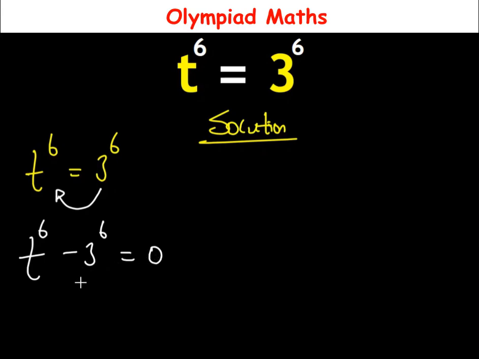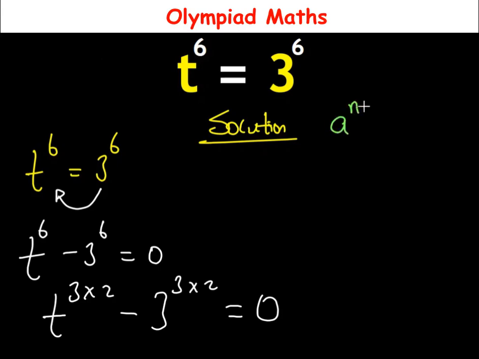So with this, right, we can write power 6 as 3 times 2. So this becomes 3 raised to power 3 times 2. Then minus 3 raised to power 6 becomes 3 times 2 is all equal to 0. And from here, applying the principle that if you have a raised to power n times m, this equals a raised to power n power of m.